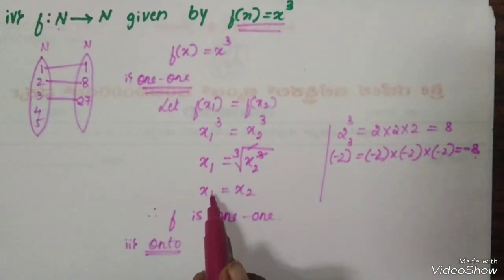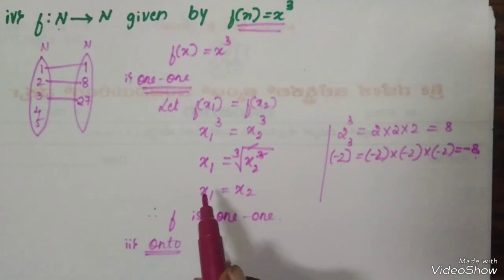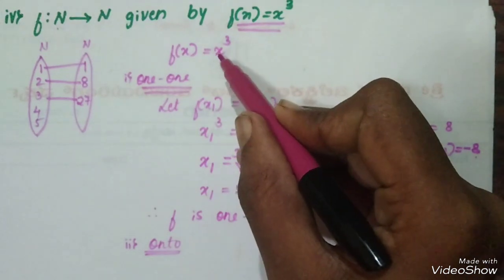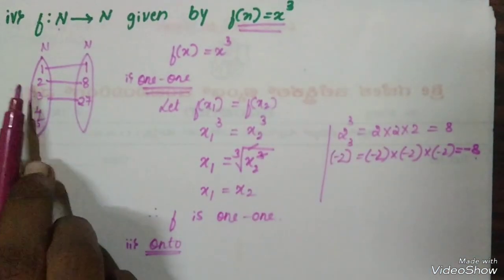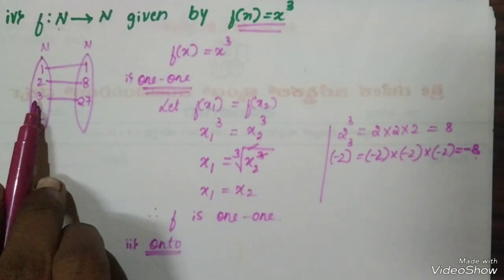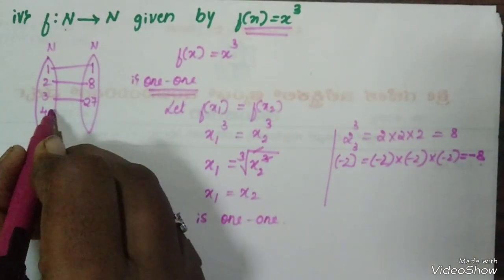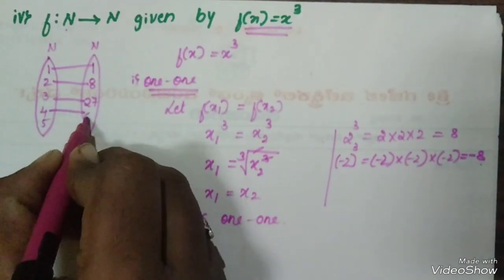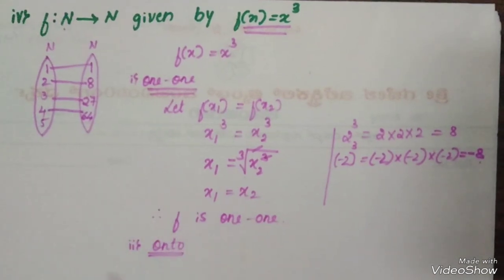Here, whatever values taken, for example x1 is equal to 1, 1 cube becomes 1. For 2, 2 cube value becomes 8, and for 3, 3 cube is 27. For 4, 4 cube means 4 fours are 16, 16 fours are 64. Whatever we have taken, all are positive numbers.